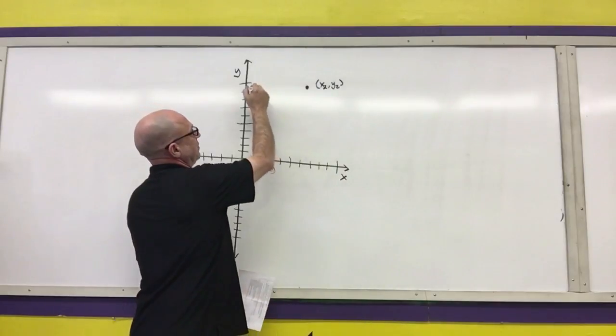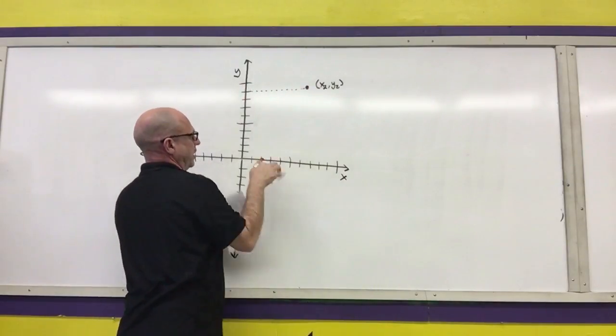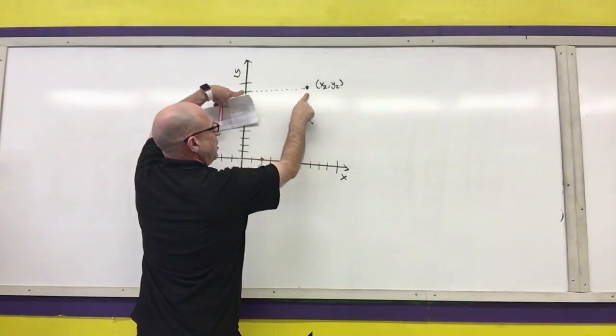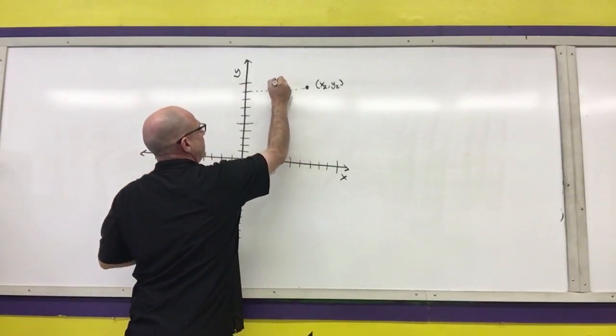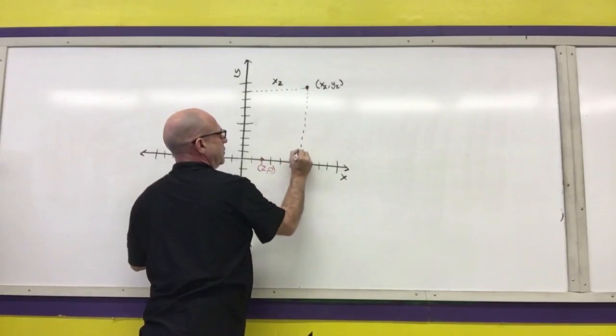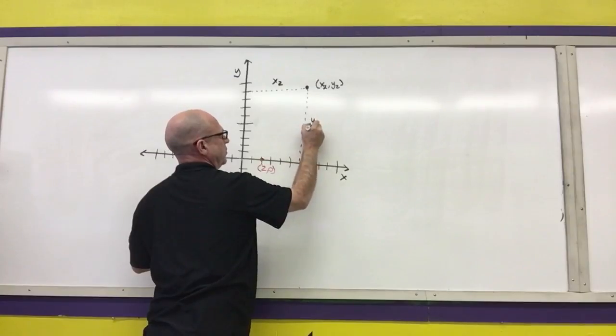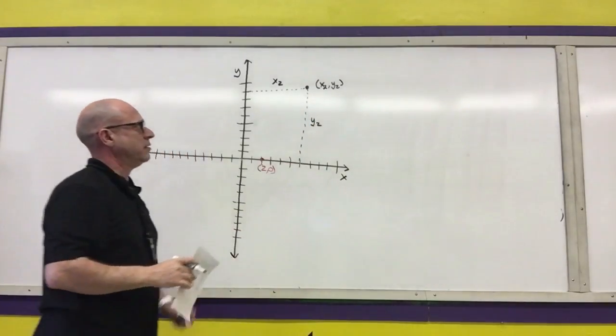That means that the distance between here and here, just like this was 2, would be x2. And my vertical distance, the distance between here and here, would be y2.